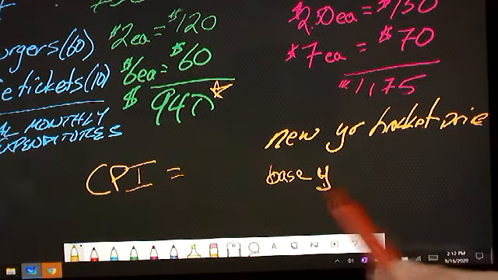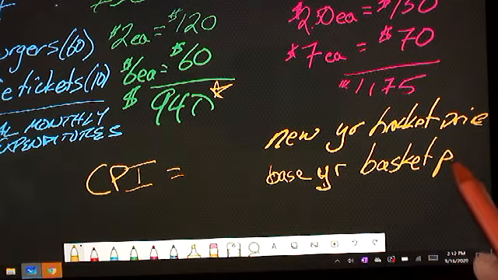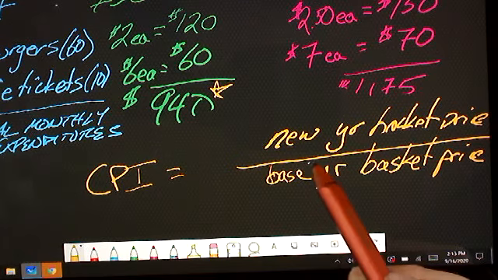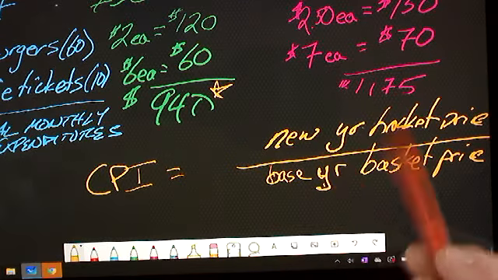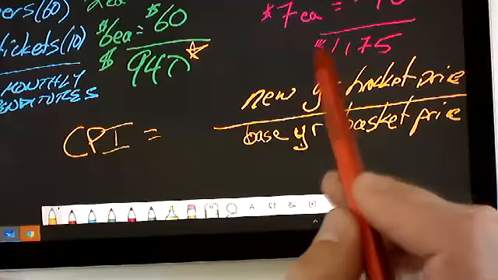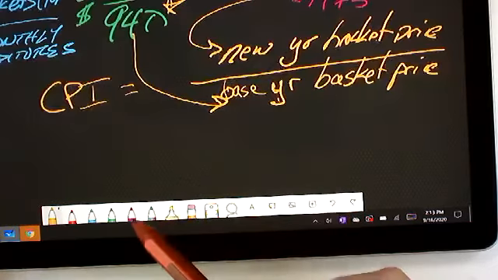So we're not looking at the percentage change. We're actually just looking at the ratio. We're looking at how much more the new year basket price is compared to the old year basket price. So we put the new year basket price on the top, the old year basket price at the bottom.